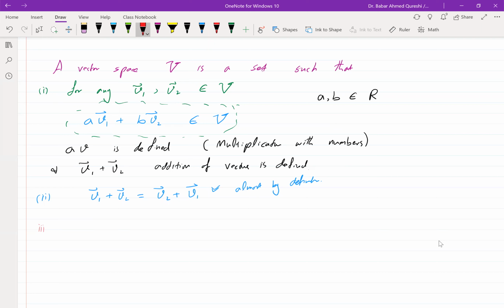Then you have this property that a vector 0 also exists in your set, with the property that 0 plus any vector is that vector back. So just like you have 0 in your geometric space, you want to retain that property over here.